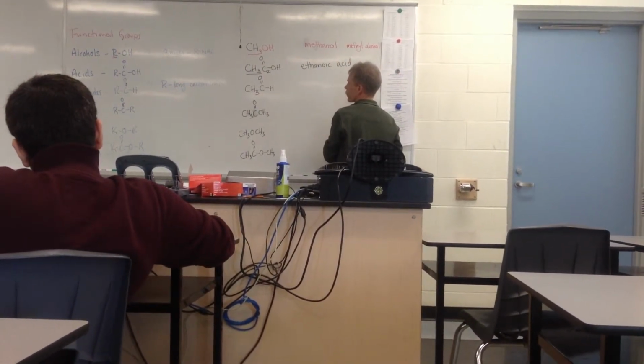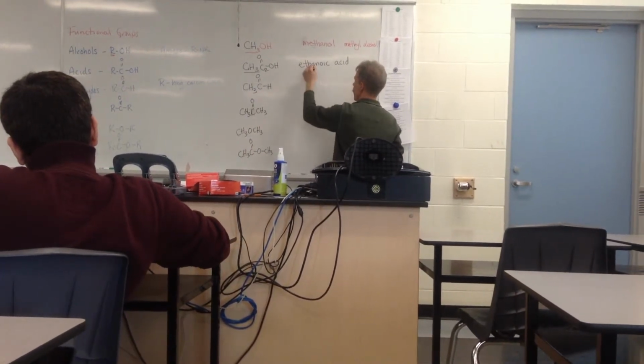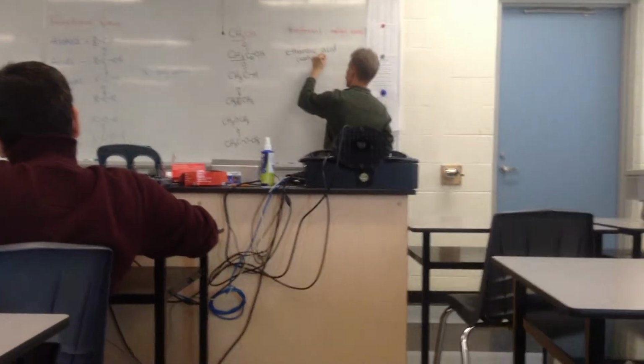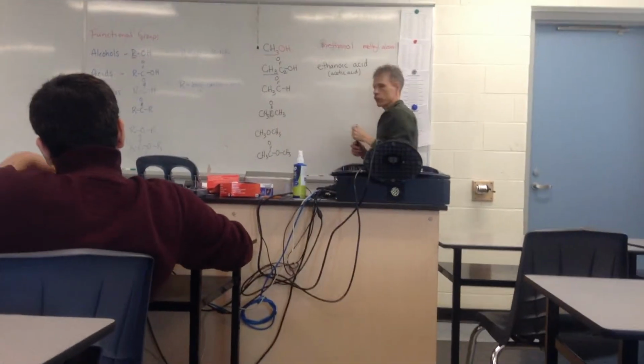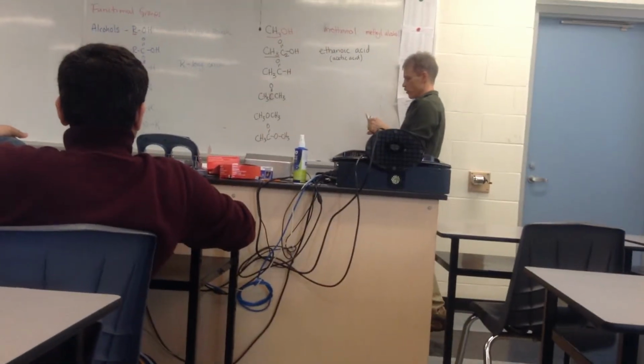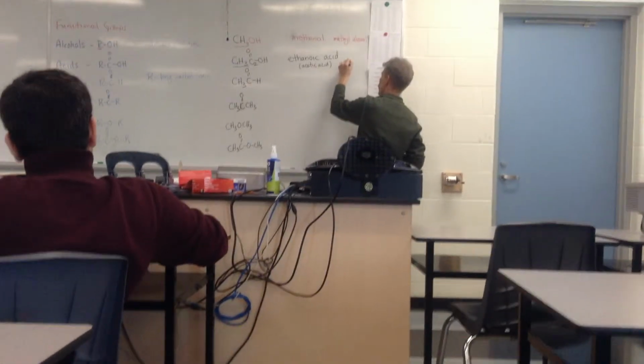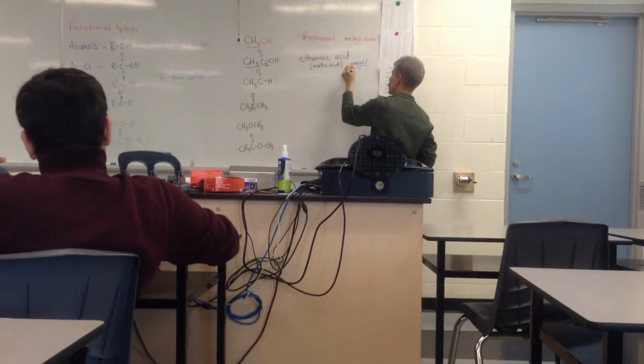Ethanoic acid, or sometimes known as acetic acid. You guys might know it as something that you use to clean with, maybe, or you might put on your fries. Vinegar.